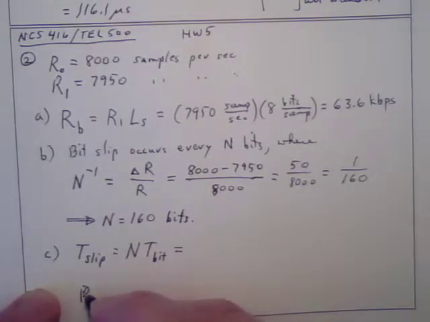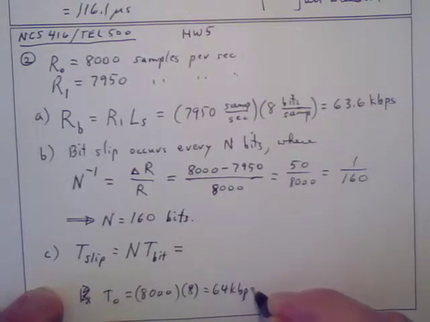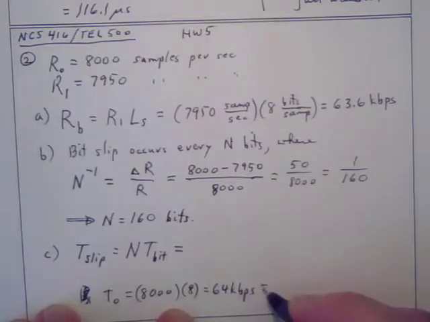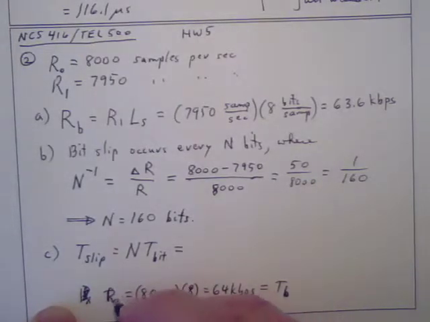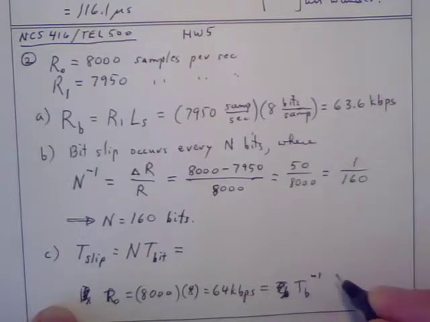That is, the bit rate is 8,000 times 8, which is 64 kilobits per second, and that's 1 over the bit period.